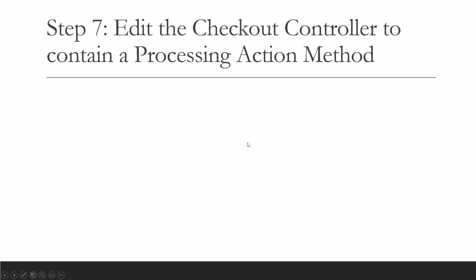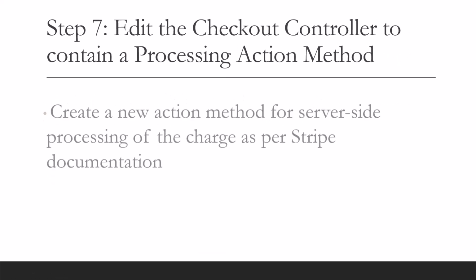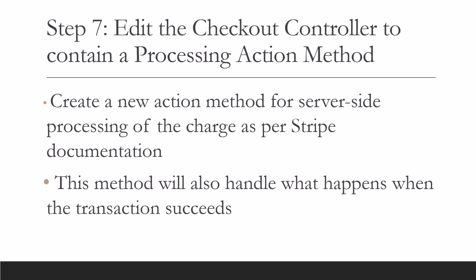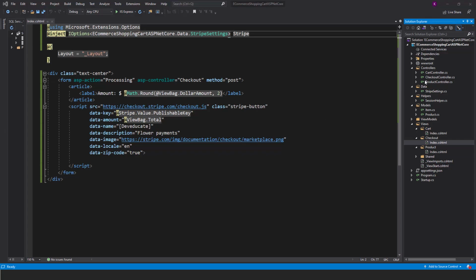And now let's see the seventh step, edit the checkout controller to contain a processing action method. Now I'll have to create a new action method for the server side processing of the charge as per the Stripe documentation again, which I have just shown you. And this method will also handle what happens when the transaction succeeds. So back to code.